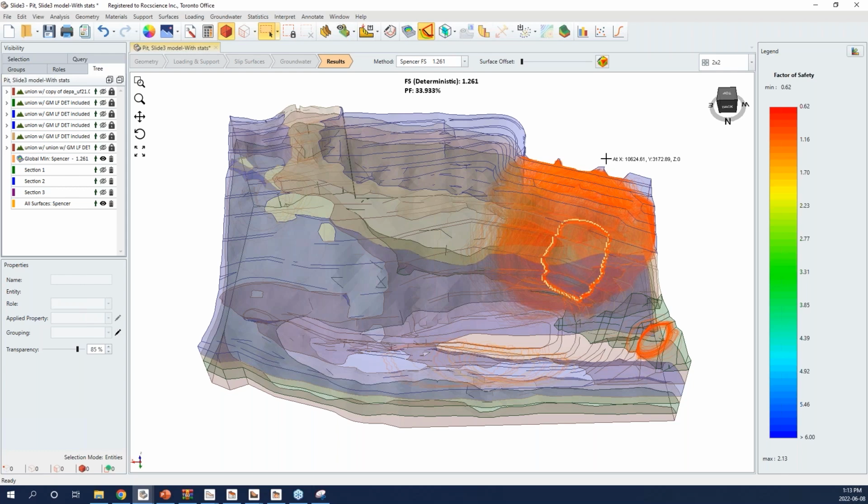There is another way of doing it, which is to do probabilistic analysis to find different failure regions. You can see that on the other side of the open pit, we have a concentration of the critical surfaces found in the probabilistic analysis. So if we do MMO on this model, we should get these two regions as two critical regions of the factor of safety.